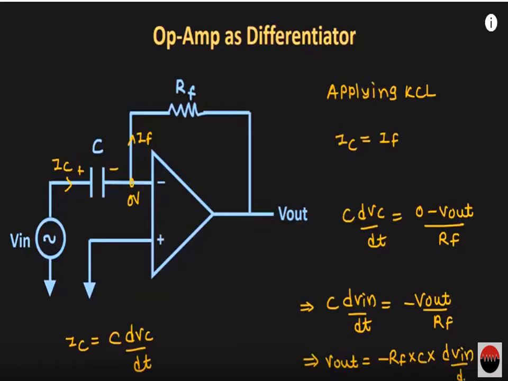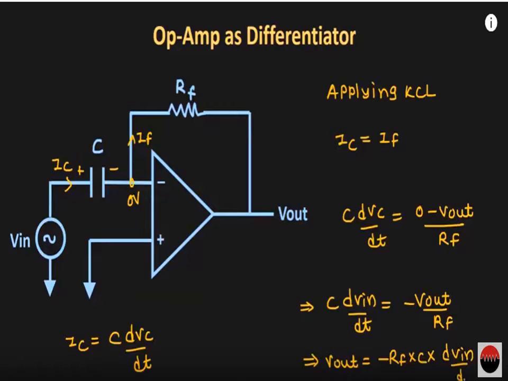When I arrange the circuit like this, it acts as a differentiator. When I apply Vin, I get the current IC, and in the feedback I have RF, so the feedback current is IF. IC should be equal to IF, and by the virtual ground concept, this junction yields 0 volts.